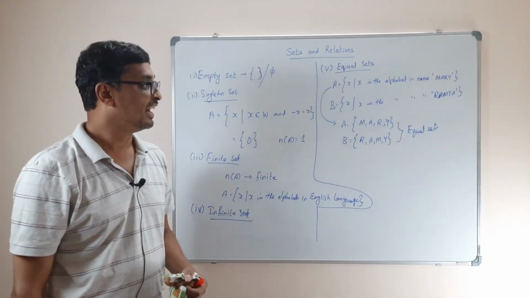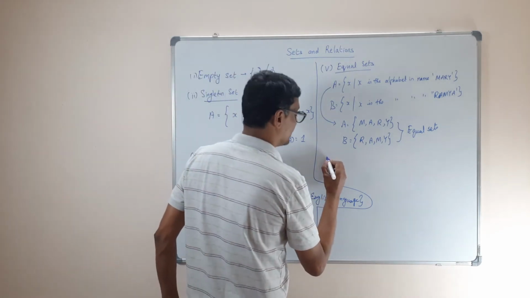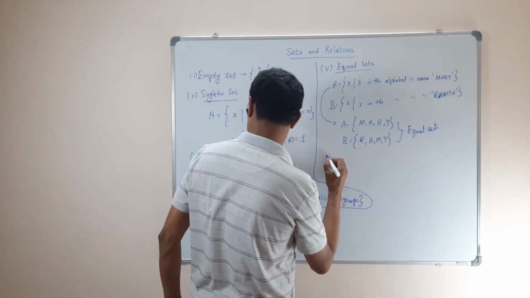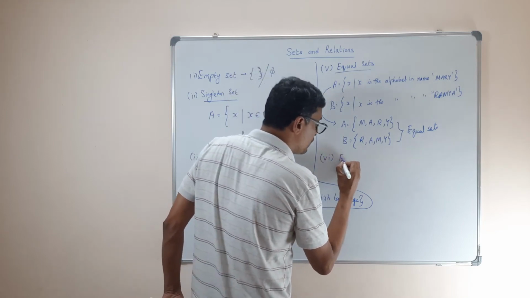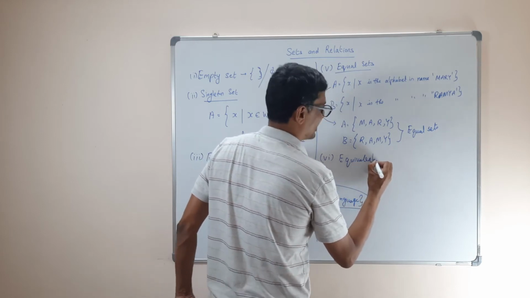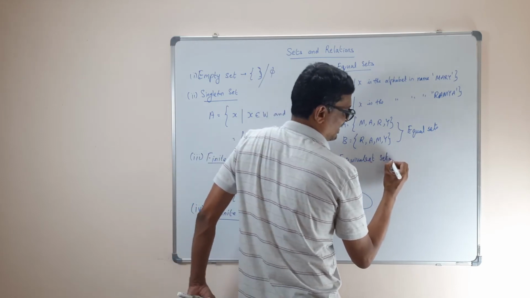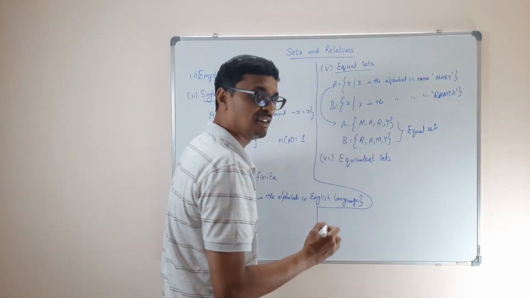And there can be one more thing. Then I have equivalent sets, equal number of elements. Are this A and B equivalent? No. Why not?